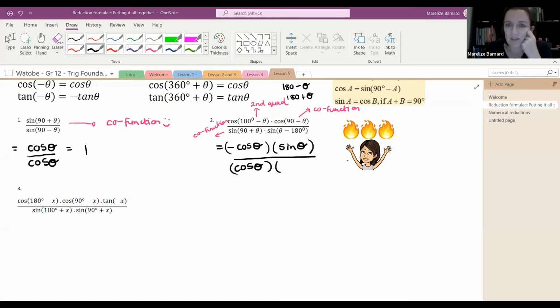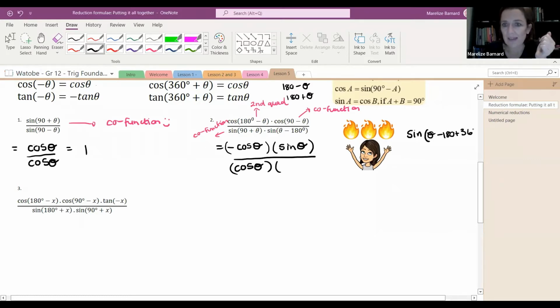I'm going to do it on the side here. It's a trick or a technique that you can use in trigonometry, because by adding 360 degrees to it, it is just going to make it easier for ourselves. And that's going to turn it into sine theta plus 180.